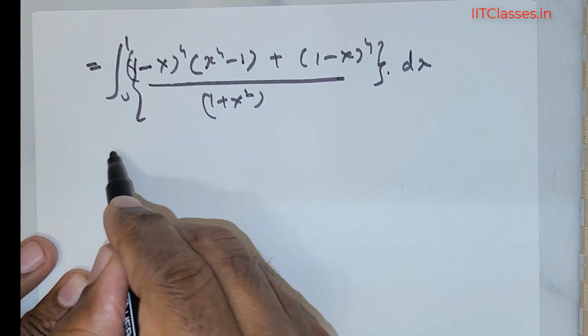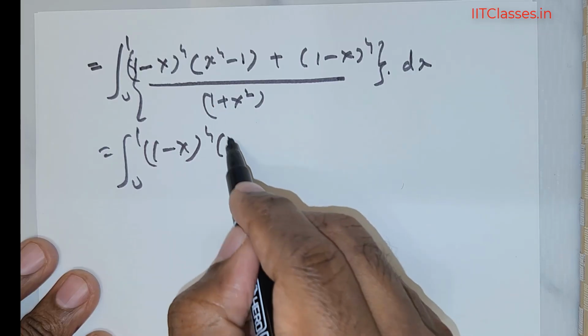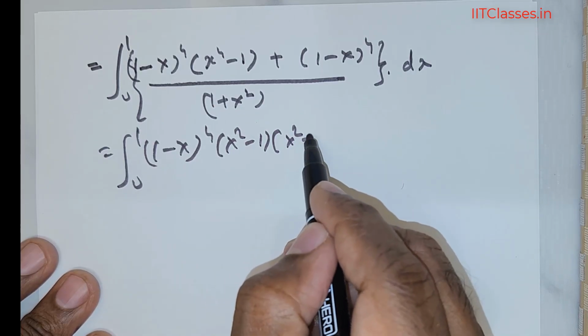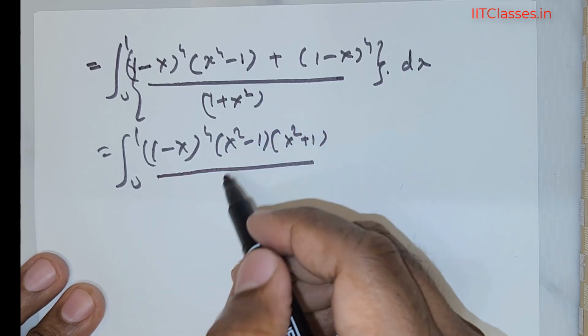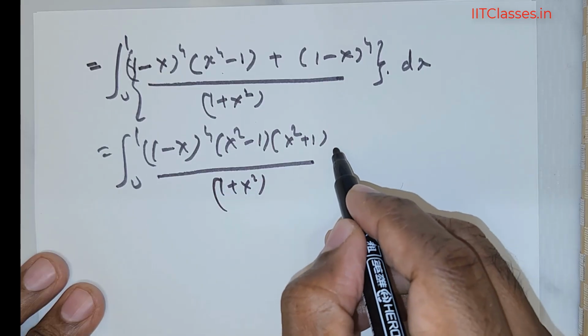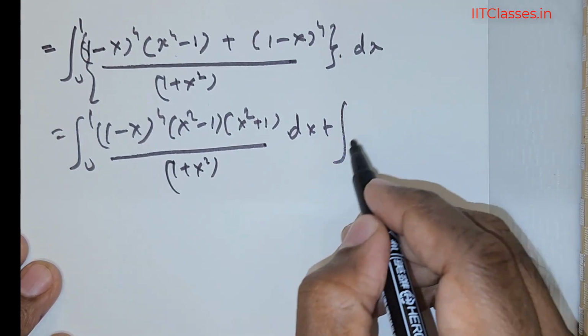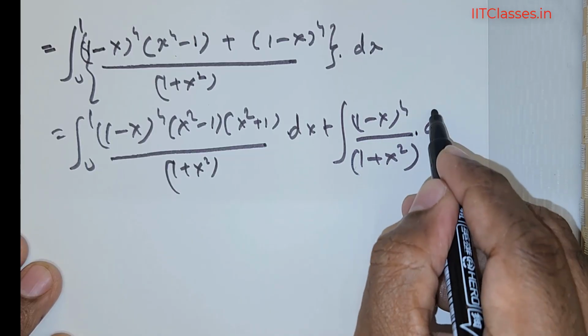So this is going to be rewritten as integral 0 to 1 negative x raised to the power of 4, x squared negative 1 times x squared positive 1. I already indicated to you the formula that is helping us to fragment this, divided by 1 positive x squared times the dx, positive 1 negative x raised to the power of 4 divided by 1 positive x squared times dx.